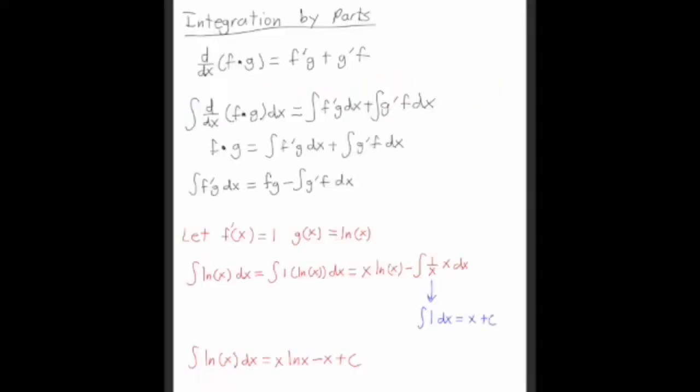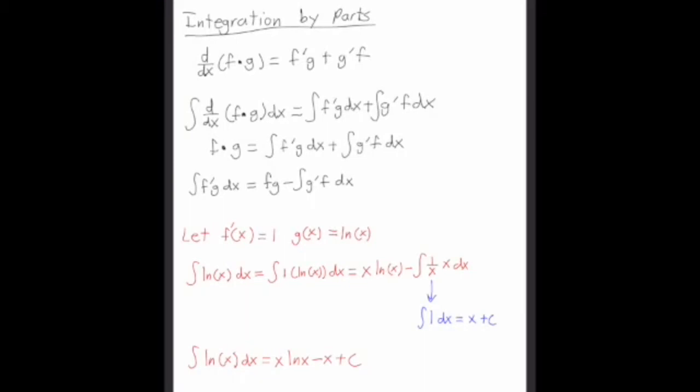So integration by parts is the reverse of the product rule. This is using the product rule from earlier, but I integrate both sides and then I rearrange it so that I'm solving for the integral of f prime g dx. So let f prime of x be 1, for example, and g of x be ln of x, and I'm trying to integrate ln of x dx, which is equal to the integral of 1 times ln of x dx.